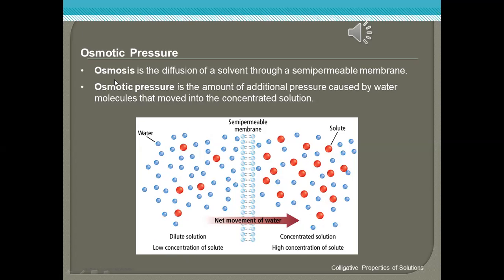So osmosis is the diffusion of a solvent through a semi-permeable membrane, but osmotic pressure is the amount of additional pressure caused by water molecules that moved into the concentrated solution.